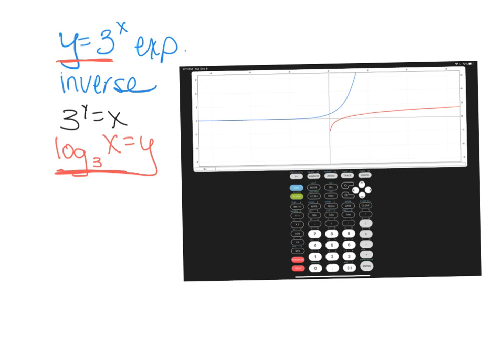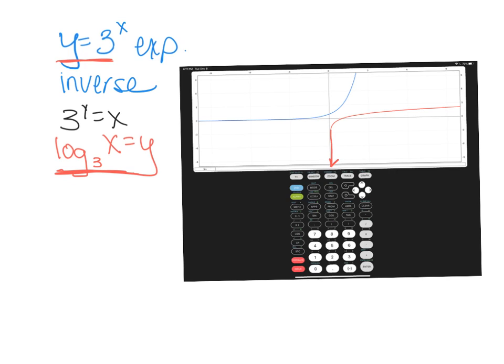So the blue is my 3 to the power of x, and my red is the inverse, log base 3 of x. Now I would like to point out, as before, the calculator does not draw the line down on the log. So you are responsible for doing that the best you can. Let me do the best I can with this.